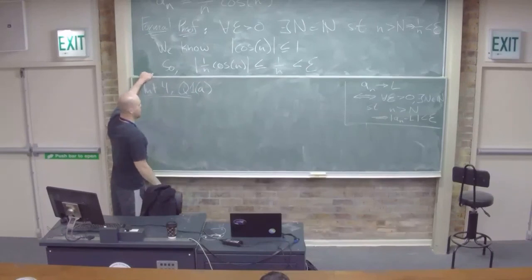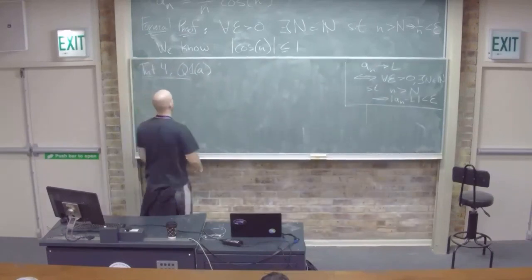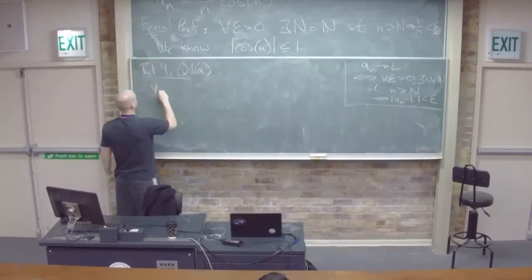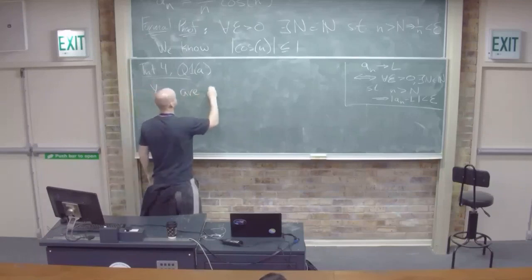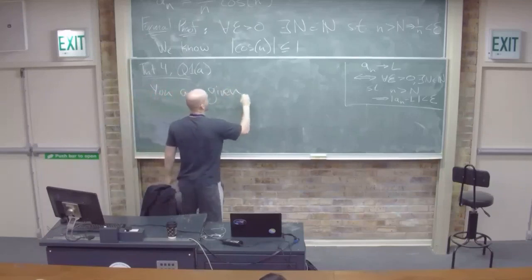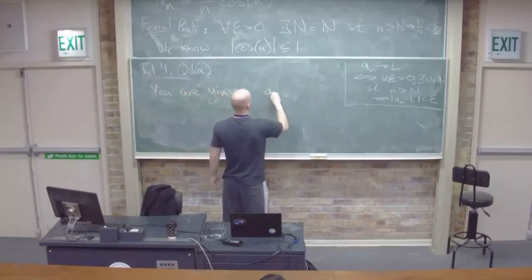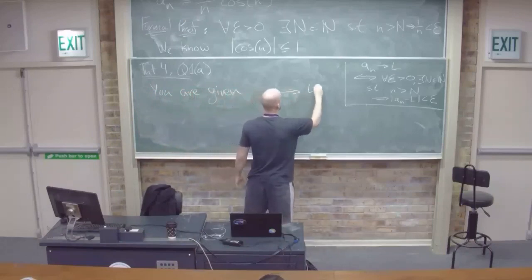Okay, and I'll just write out briefly what they say. You are given a sequence AN which converges to 4.